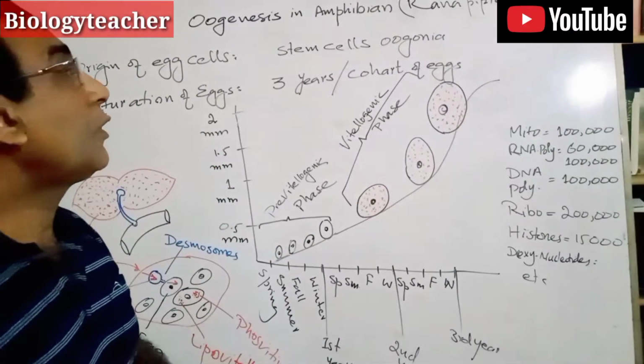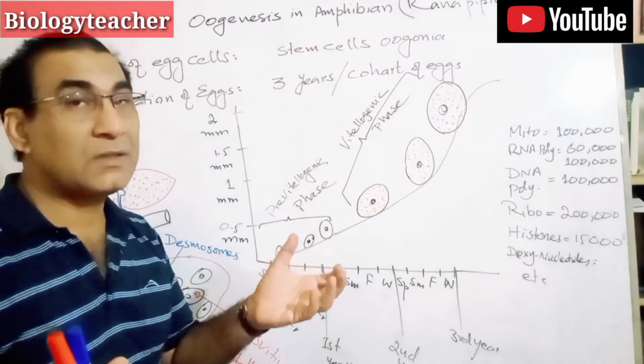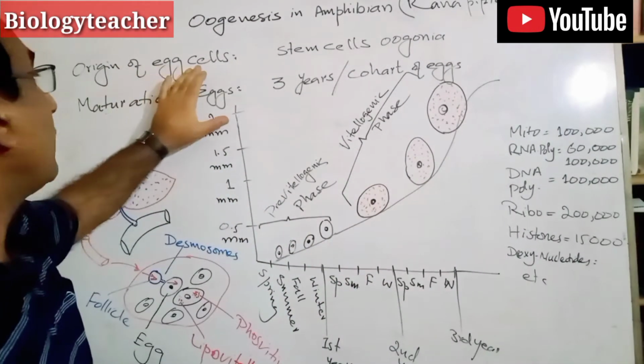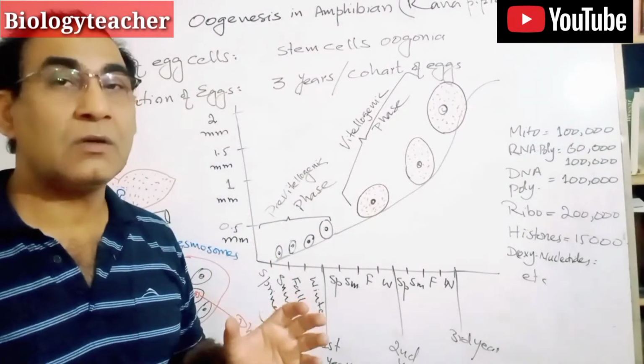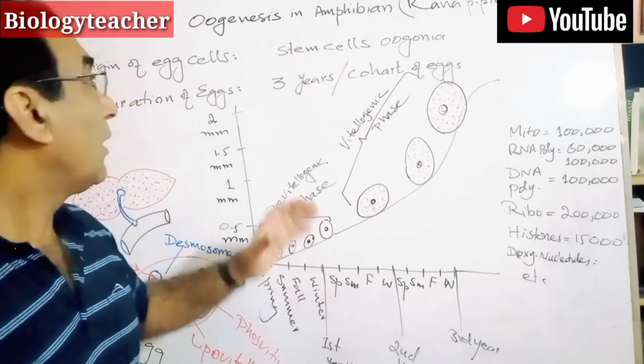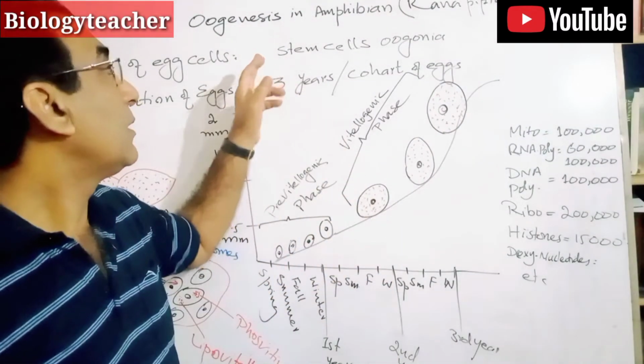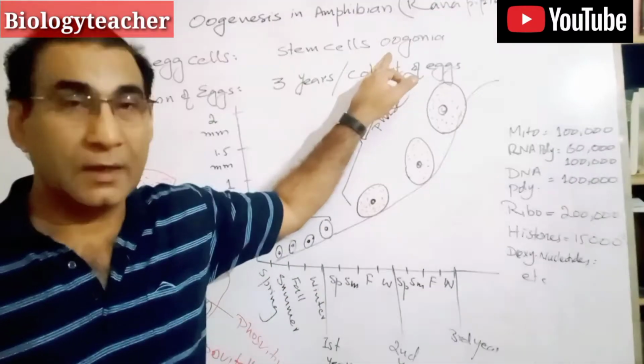Well, first of all, we should know the origin of the egg cells. The egg cells are formed from the stem cells, oogonia.